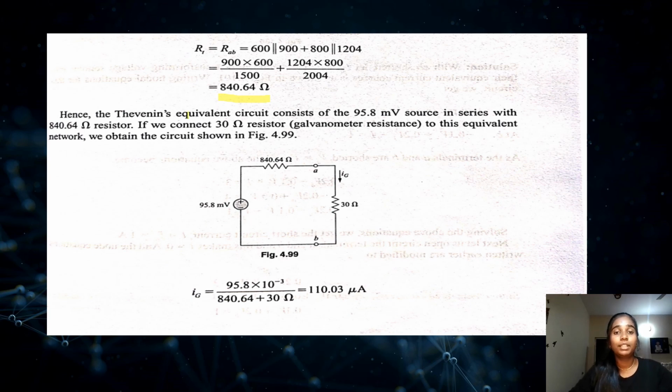Hence the Thevenin's equivalent circuit consists of a 95.8 millivolt source in series with an 840.64 ohm resistor.